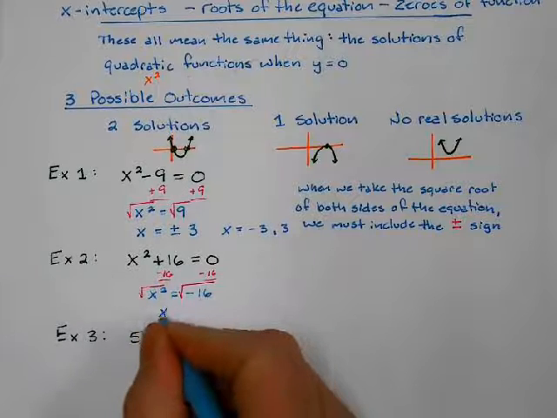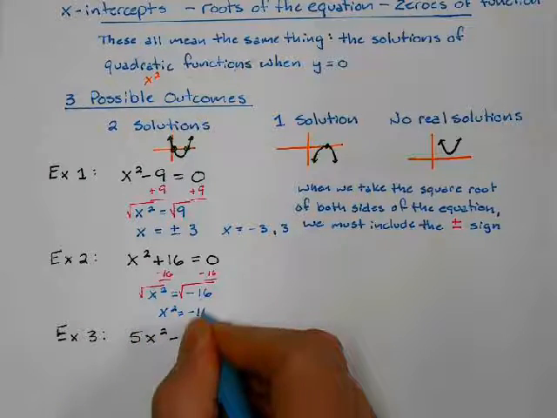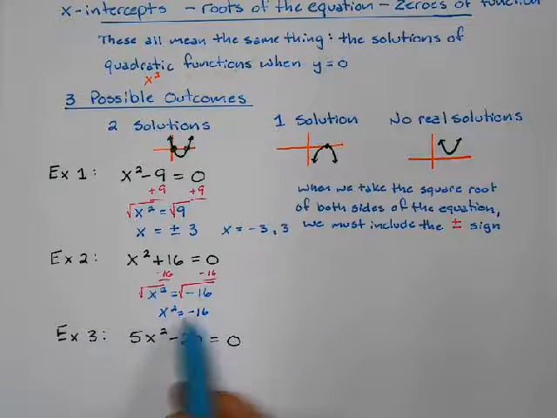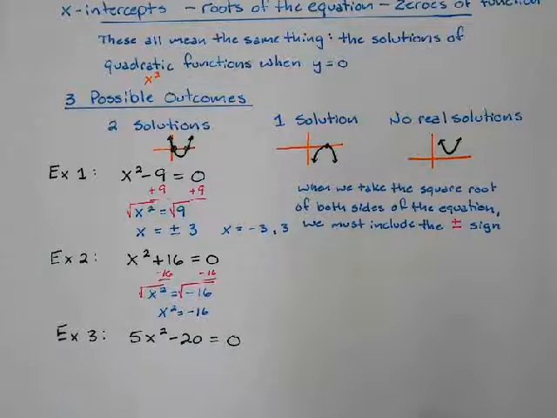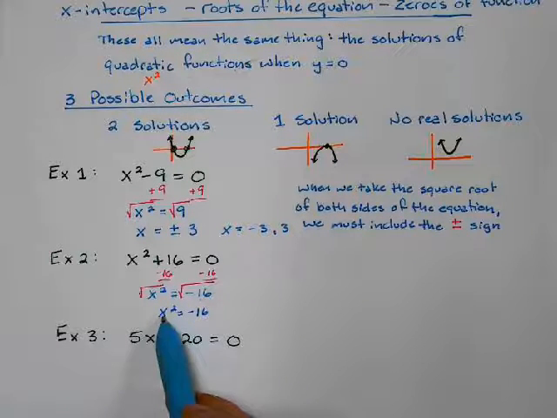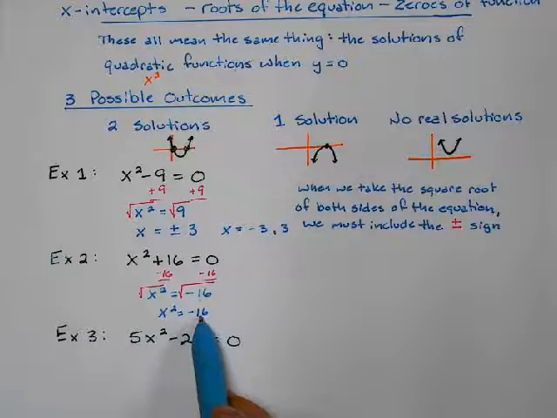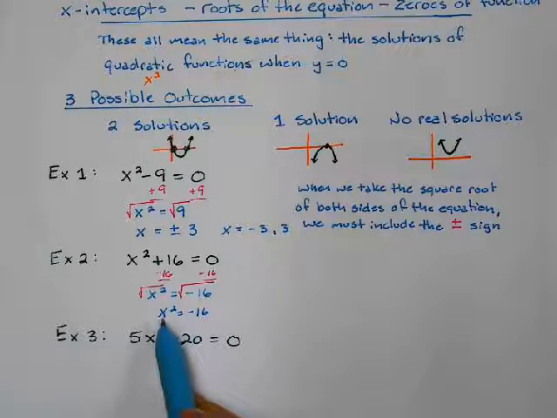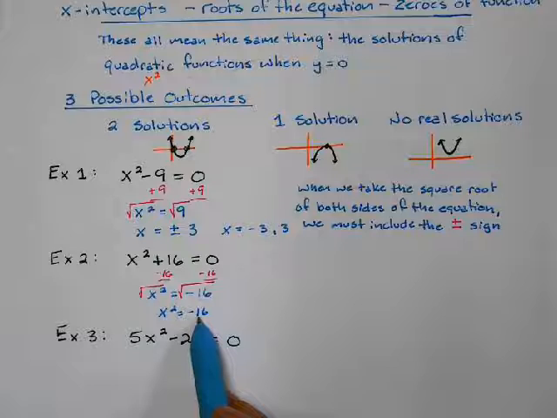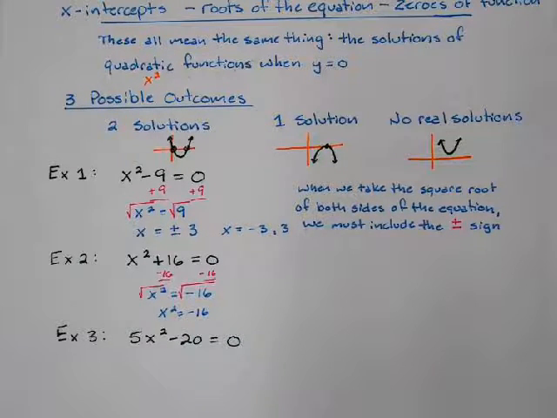X squared equals -16. What number squared equals -16? Well, none. You can't, because if this were a negative number, this would be positive. If this were a positive number, it'd still be positive. So you can't square a number and get a negative. That's not possible. So for this one, we would give the answer of no real solution.